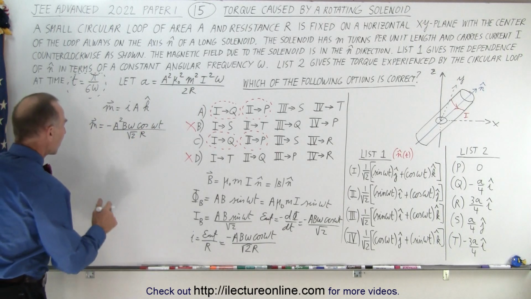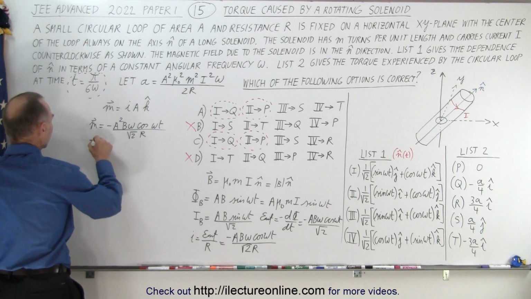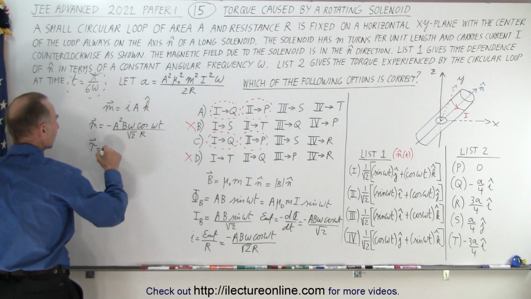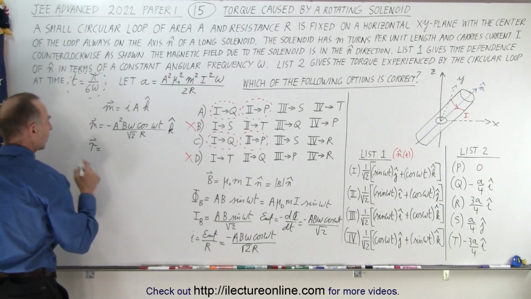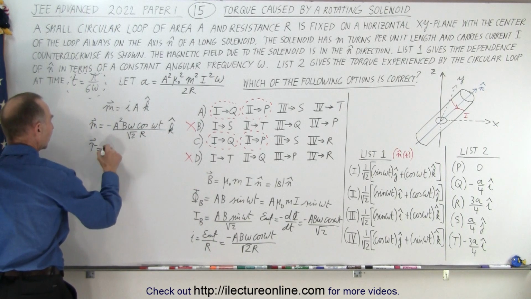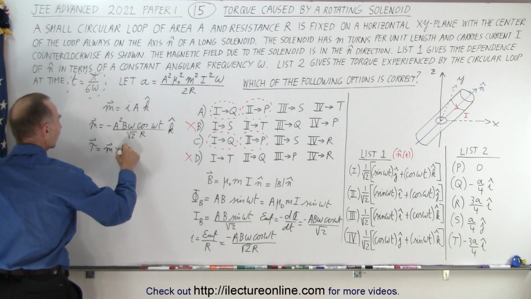All right, the next thing we want to do is find the torque. And the torque can be found by taking, wait a minute, I'm forgetting my k unit vector. So the next thing we want to do is then say that torque is equal to magnetic moment cross the B field.